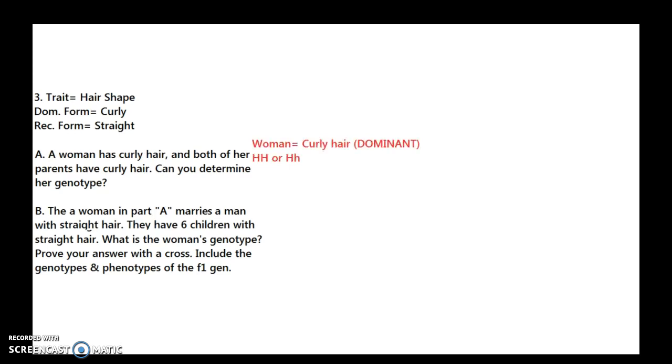So the woman has curly hair, so she is either homozygous dominant or she is heterozygous. Both of her parents have curly hair, so that would be her parents' genotypes as well. So she's either this or that. So no, we cannot tell what her genotype is because it's either this or this. There's really no way for us to tell. So the answer is no.